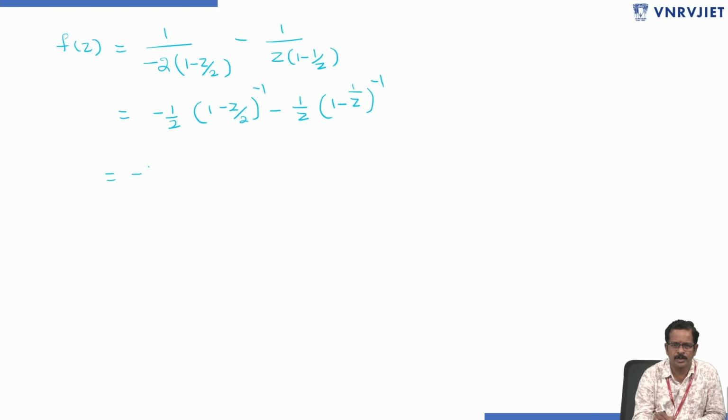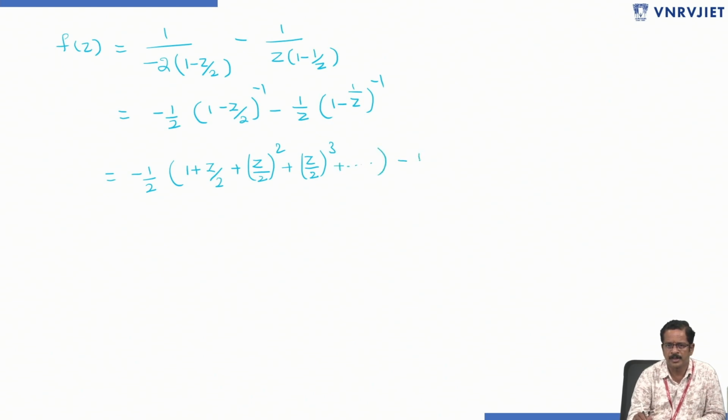Now which is equal to minus 1 by 2 into 1 minus z by 2 expansion: 1 plus z by 2 plus z by 2 whole square plus z by 2 whole cube and so on, minus 1 by z into 1 plus 1 by z plus 1 by z whole square plus 1 by z whole cube and so on.